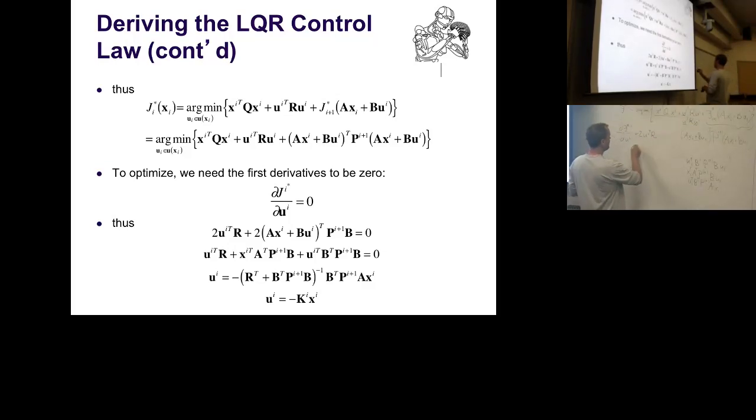So we get another term, plus 2, this term here, u_i transpose times B transpose times P_i+1 times B. I hope this is correct. We'll see this in a second. And we get one more term from this.